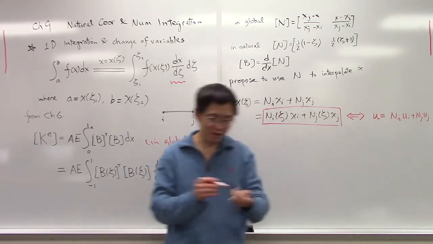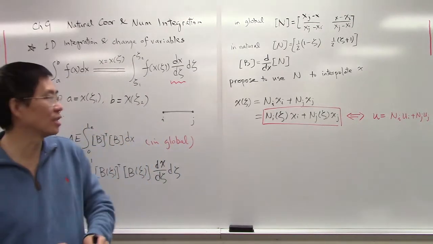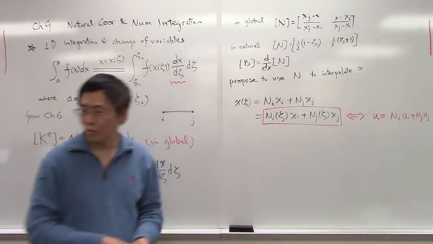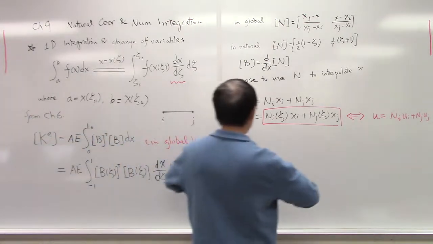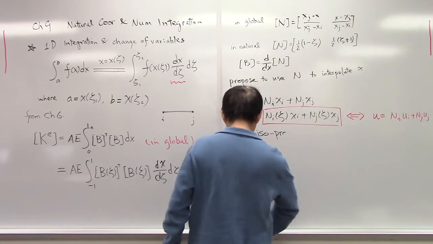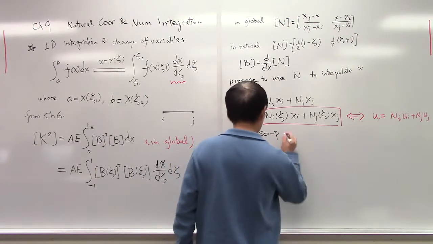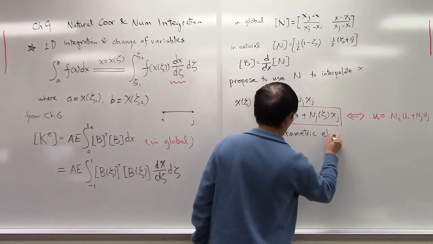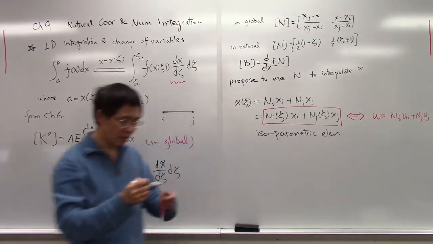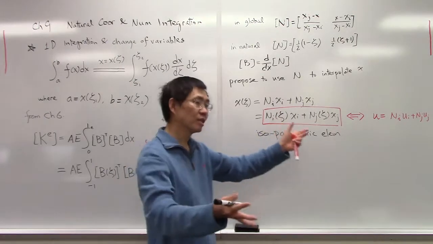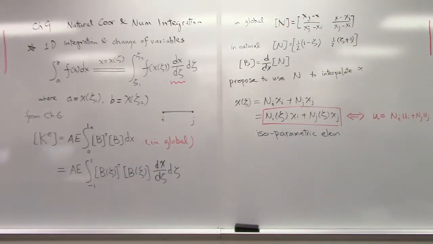We are using the same function. And because of that, the element that we are going to develop is called isoparametric. And you may see in the literature this name, isoparametric. It means you use the same shape function to interpolate the displacement field and the coordinate.